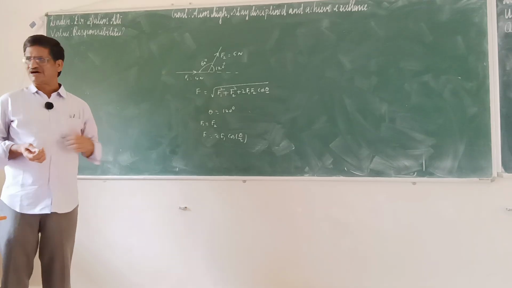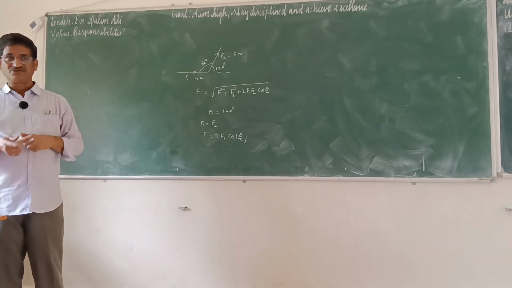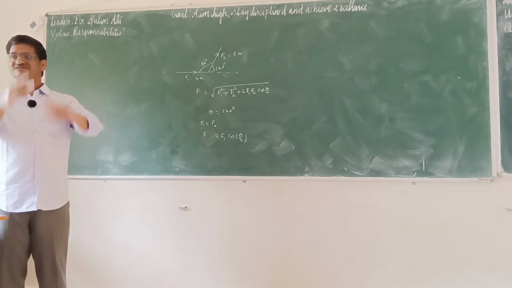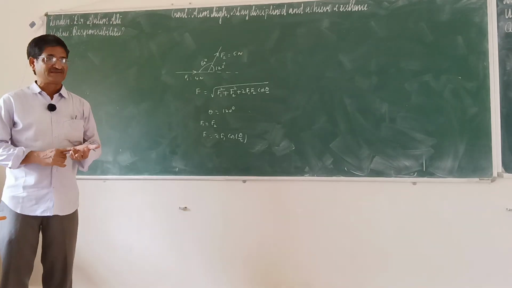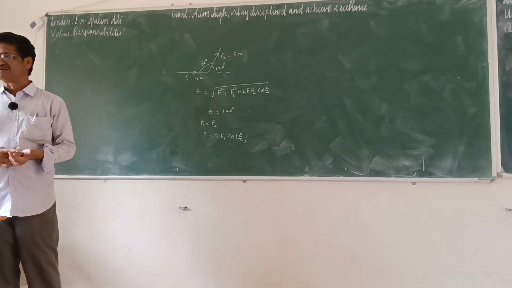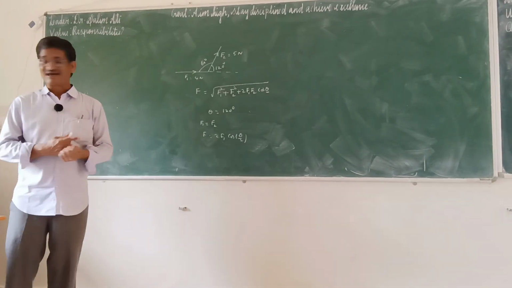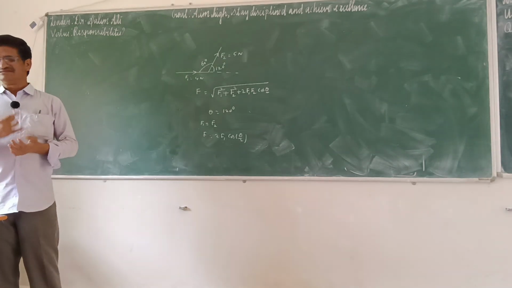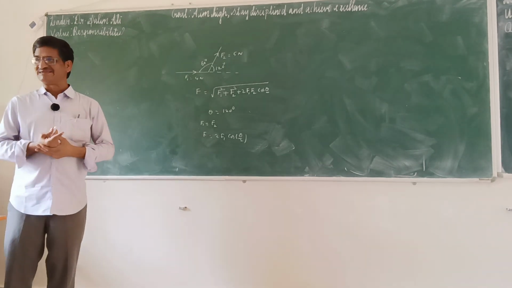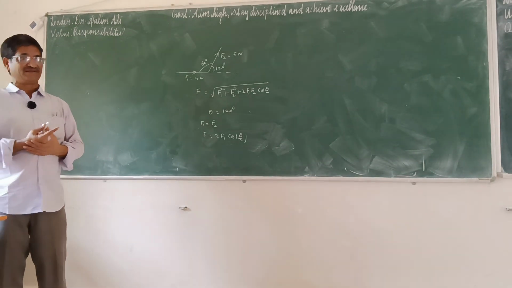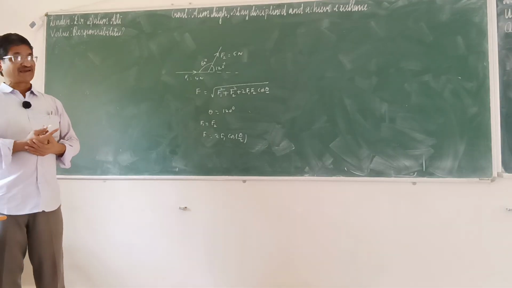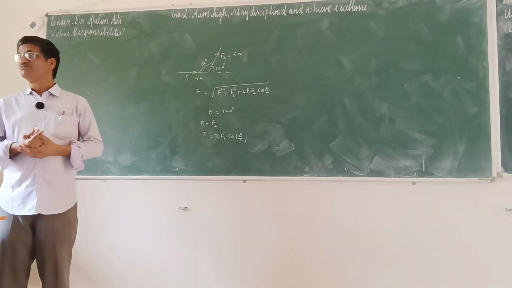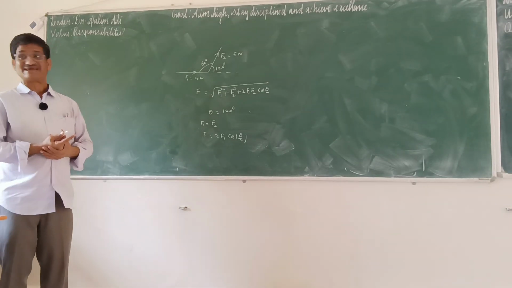Maximum 10 formulas. Based on that, you can solve many chapters in physics: gravitation, projectile motion, laws of motion, friction, work power energy, electrostatics, that is electric charges and fields, moving charges and magnetism.